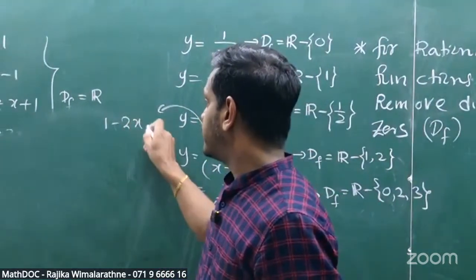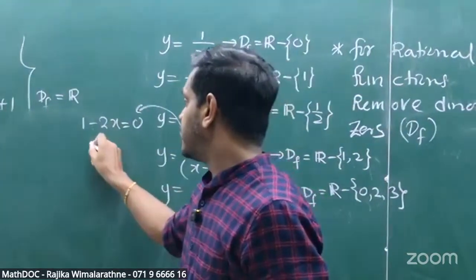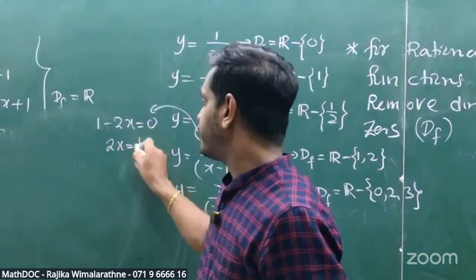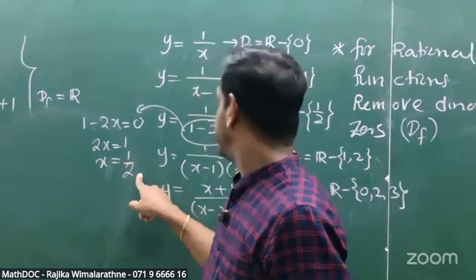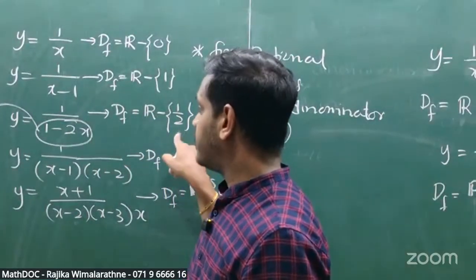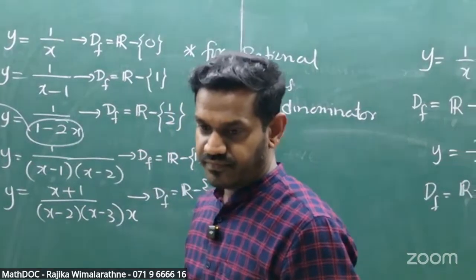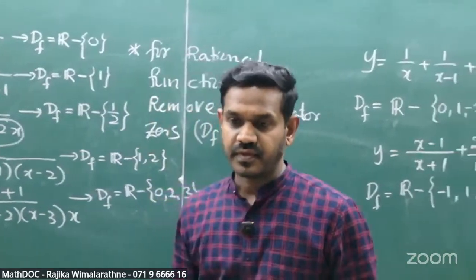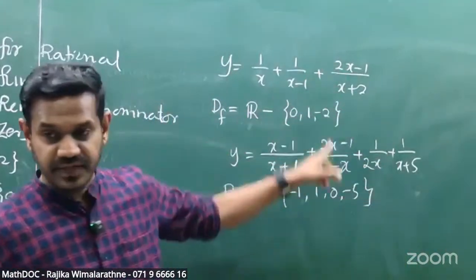Now you equate that to 0. Then 2x equals 1, then x equals half. This is our denominator zero. So here we have to remove half from the real values. Okay. Complete this part.